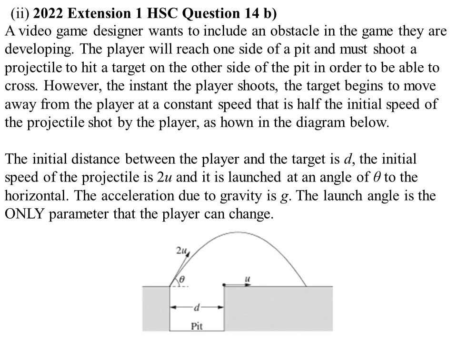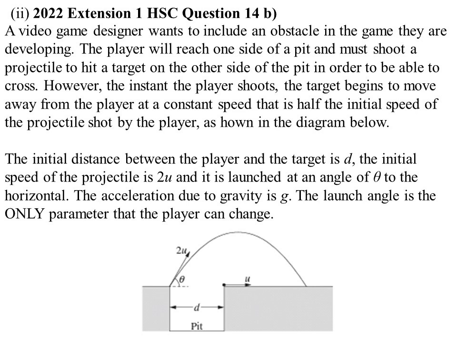Across they can go. However, the instant the player shoots, the target begins to move. That's the second bit of motion they're talking about here that they've labelled U. So they're here, they're going to shoot to try and hit this target, but the target is moving as well. It's moving at a constant speed, and that constant speed is half the initial speed of the projectile.